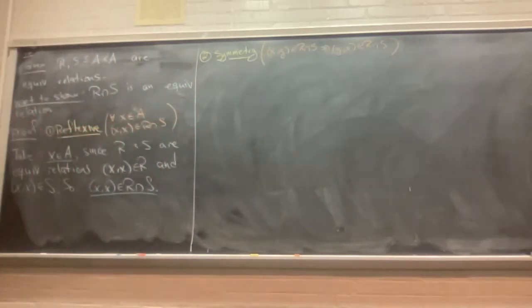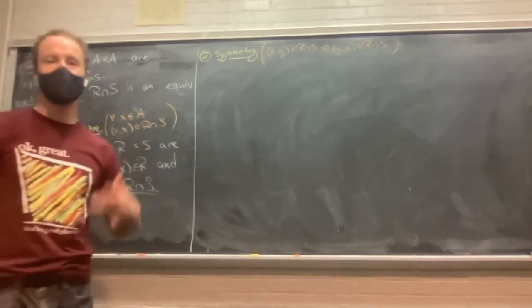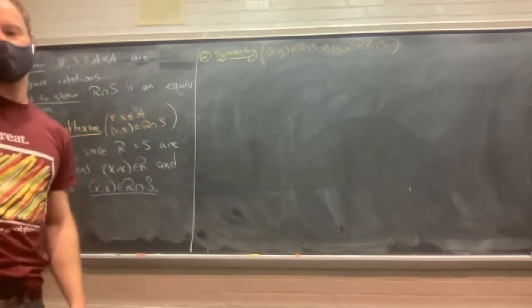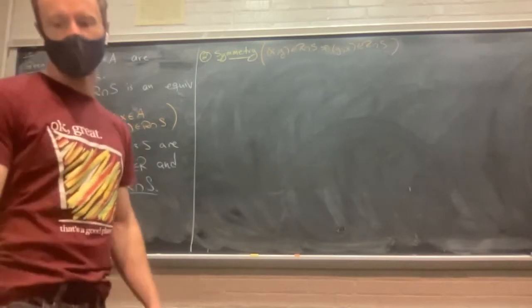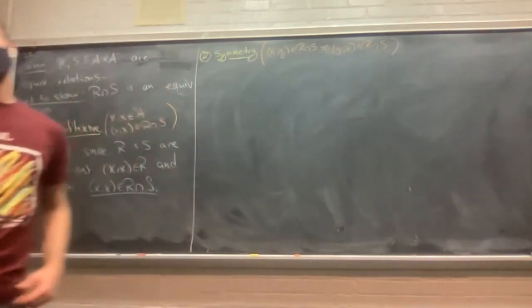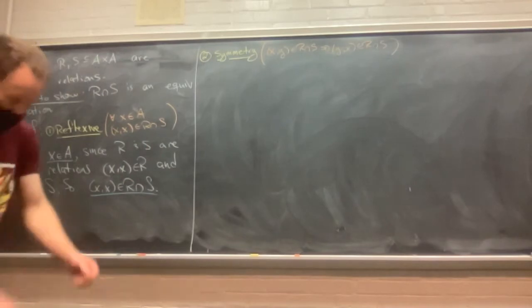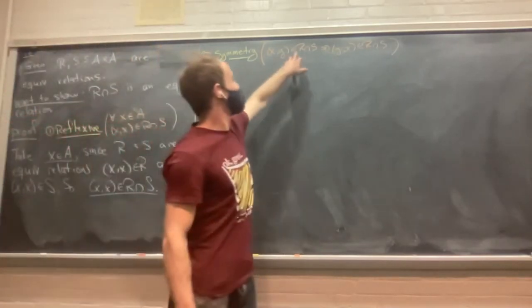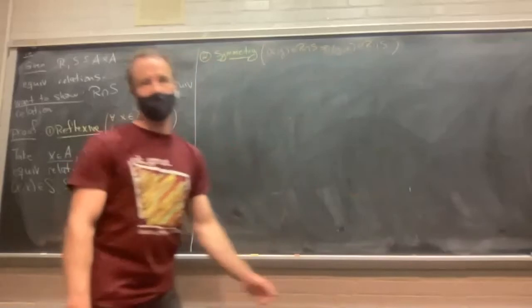That would be symmetry for R intersect S. Again, using the set notation for this equivalence relation, just because it's better suited for working with the intersections of sets and stuff like that. So that means we want to start on this left-hand side and then end up on this right-hand side.